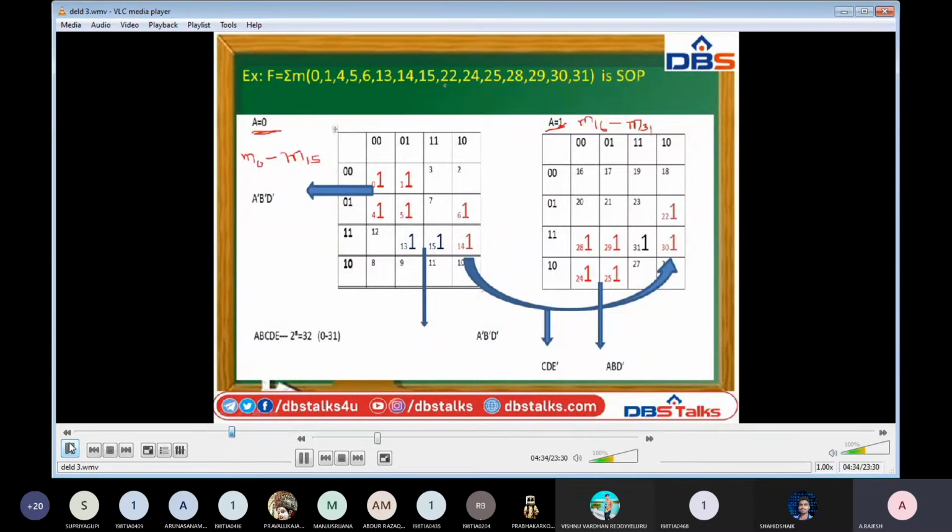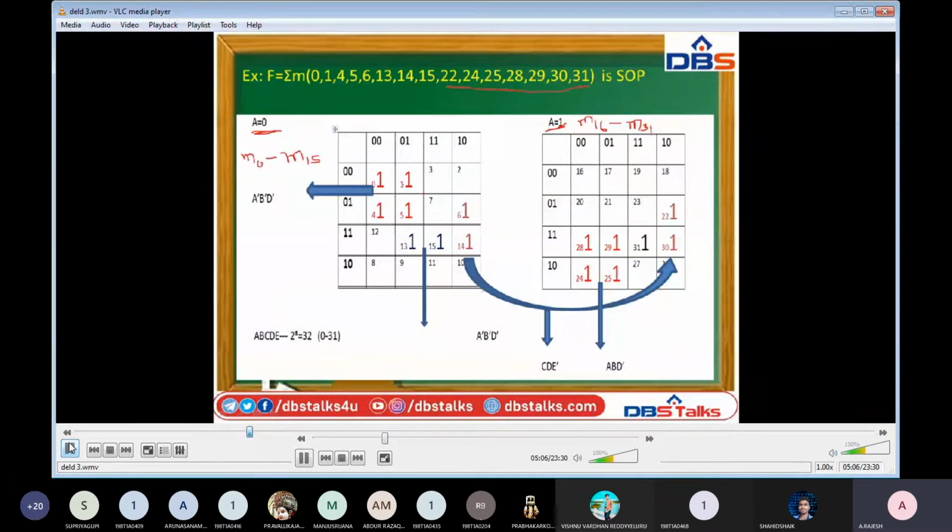From this point we go to the next 16-cell block, that is M22, M24, M25, M28, M29, M30 and M31. As I have already told you, we can make a group of 2 cells, 4 cells, 8 cells or 16 cells. By grouping them we are going to reduce the values.